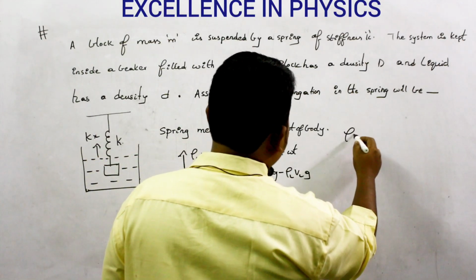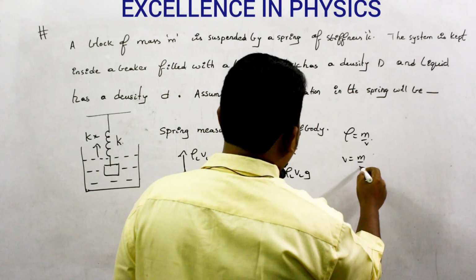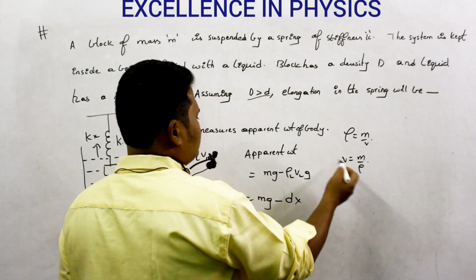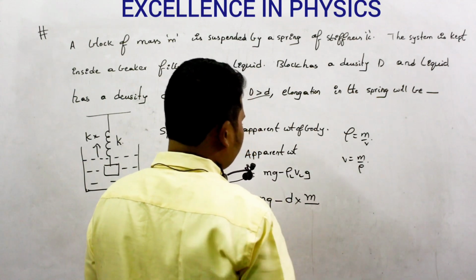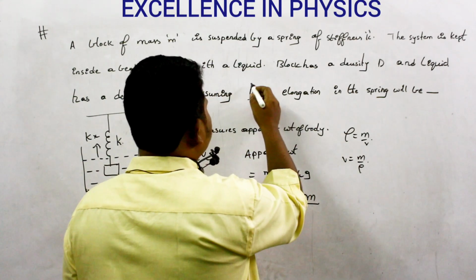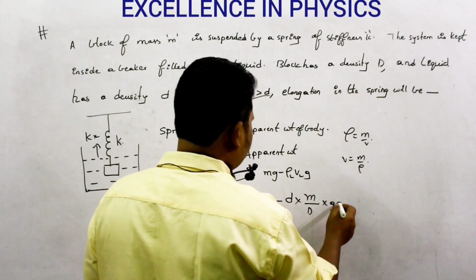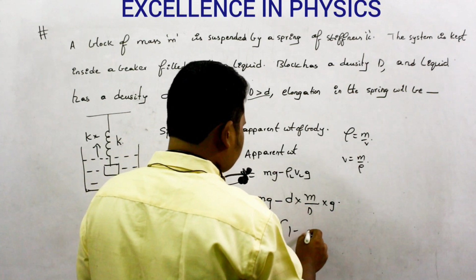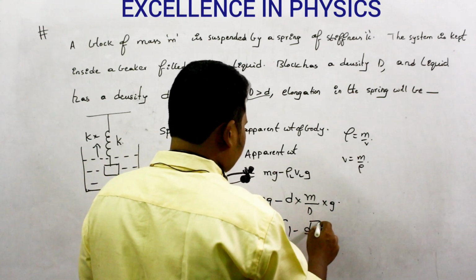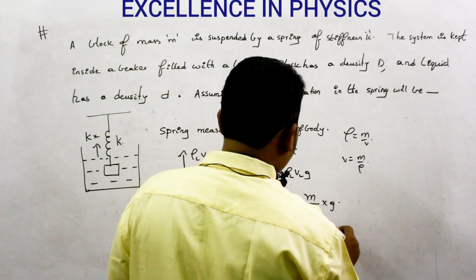So instead of V_L, what can I write? We know density is equal to mass by volume, so volume is equal to mass divided by density. So instead of V_L I can write mass of the body divided by the density of the body, capital D, into g. So therefore if I take mg common, it equals mg into 1 minus small d by capital D. This is equal to kx.